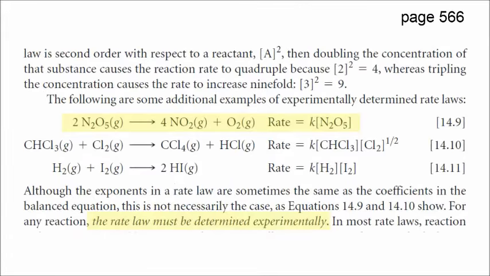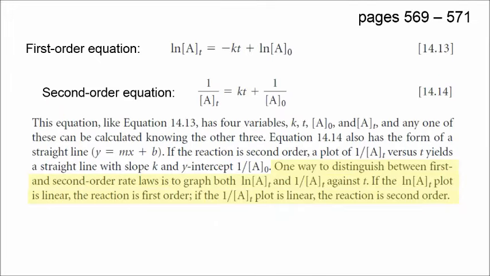On page 566, you can see an example of a reaction that has a coefficient of 2 for the N2O5 in the balanced equation, and yet the rate law says it's first order. Since the rate law must be determined experimentally, we cannot assume anything about the order by just looking at the balanced equation.